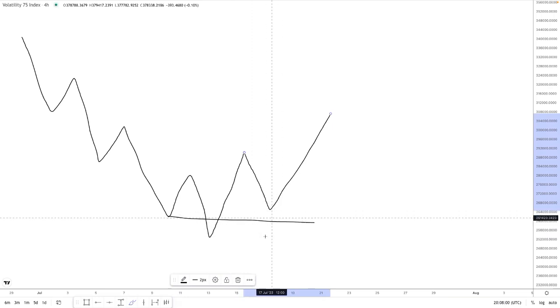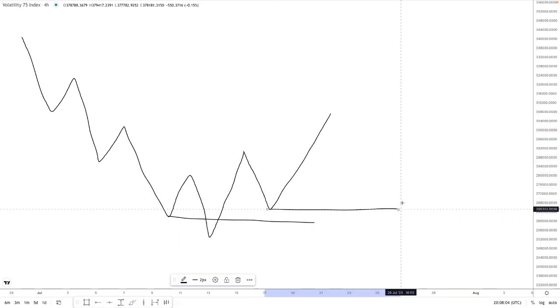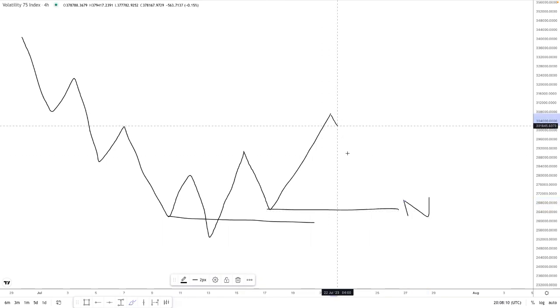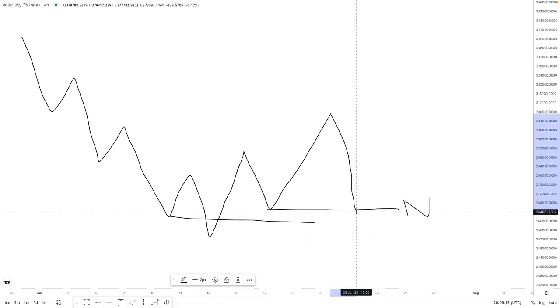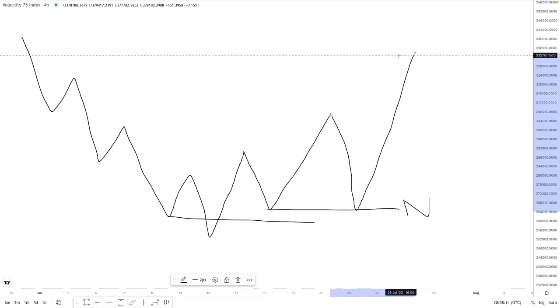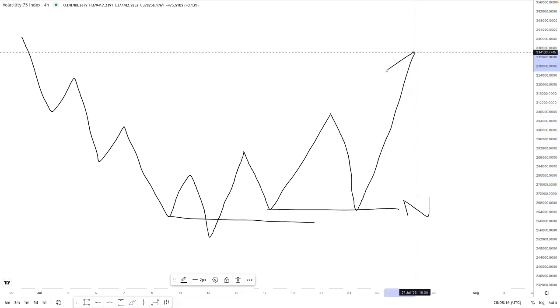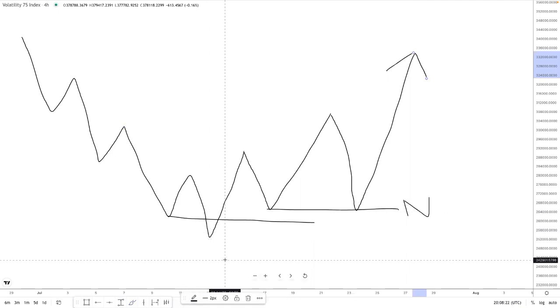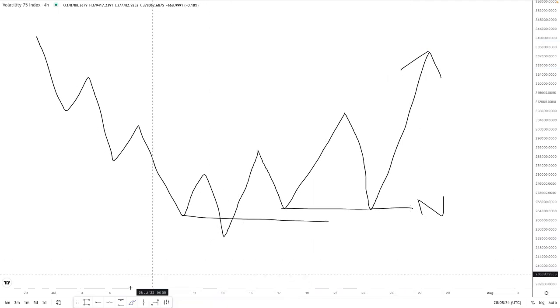Price hasn't gotten to this point. So we will consider this structure as our new invalidation right here. We will be expecting price to make some lows, respect our new invalidation so that we can make more highs to the upside. You got my point? So this is what we call the new invalidation.